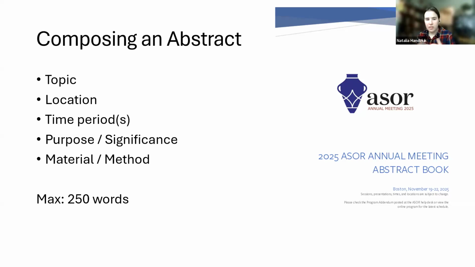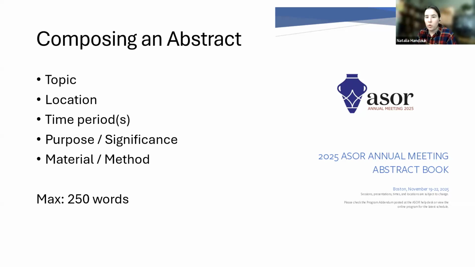The time periods are important because that's what's going to draw in a lot of people. It's usually either methods or region and time period that people find commonality and interest in. The purpose or significance of the poster, and then the material and methods that you're using. If you hit these five pieces of information, then we can assess what the research is about and we can welcome your poster into our poster session.